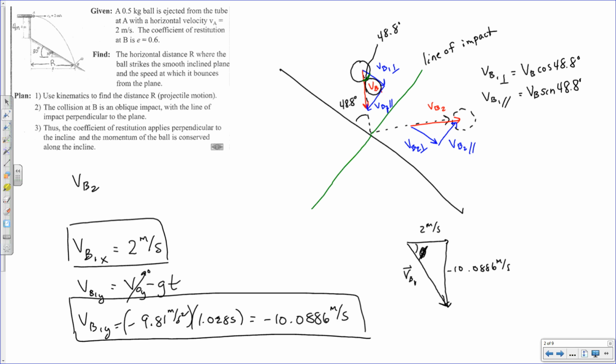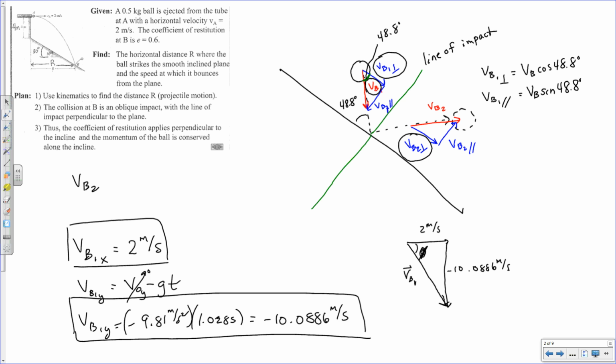So this is an oblique impact problem, and we recognize from practice and from our derivation that the velocity of the ball in the direction that is perpendicular to the line of impact, VB1 perpendicular, will remain unchanged through the impact.